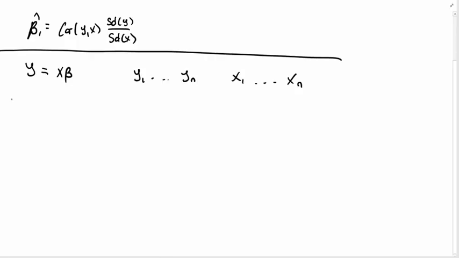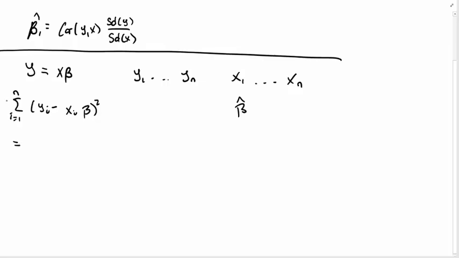I would like then to minimize the criteria summation yi minus xi beta squared, where the sum is from i equal 1 to n. Let me let beta hat be the solution, and we'll see what has to happen about that solution to make it work.